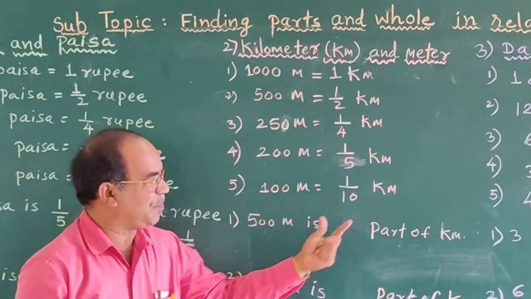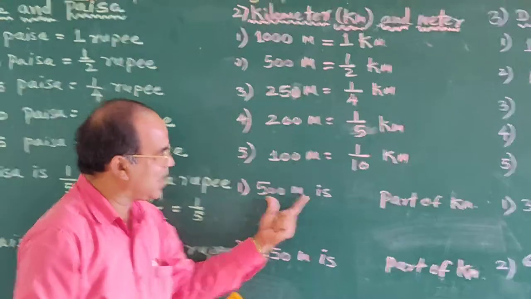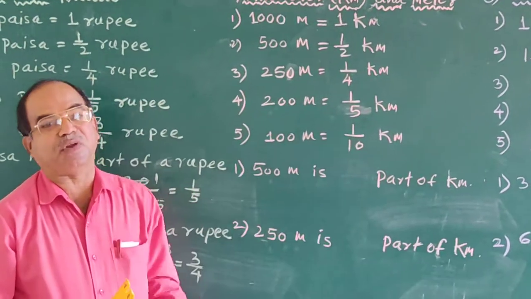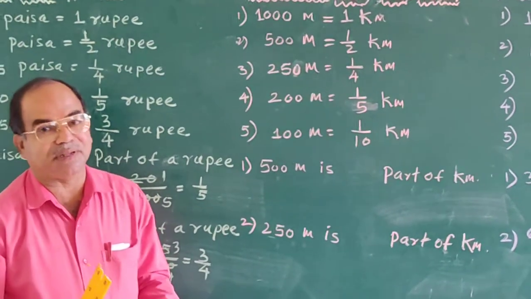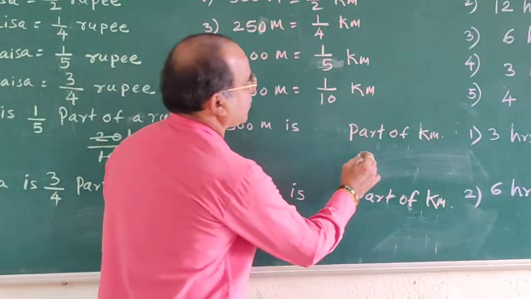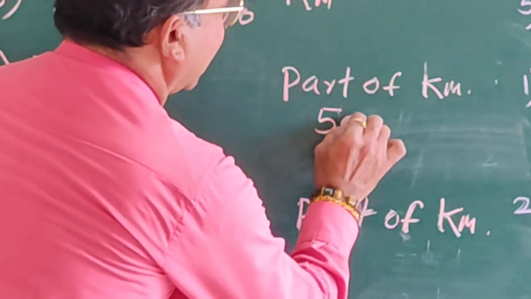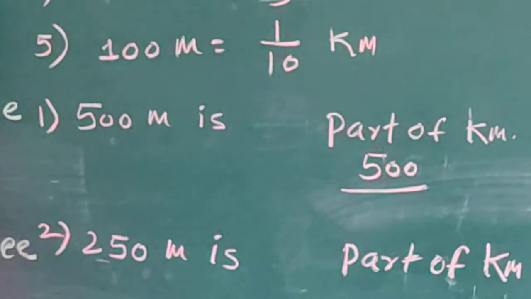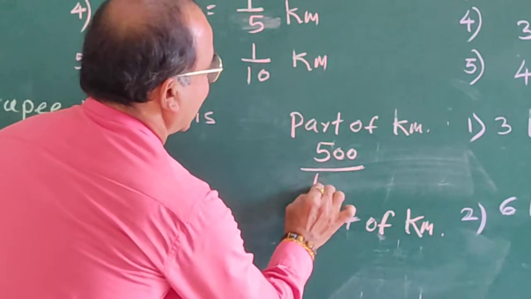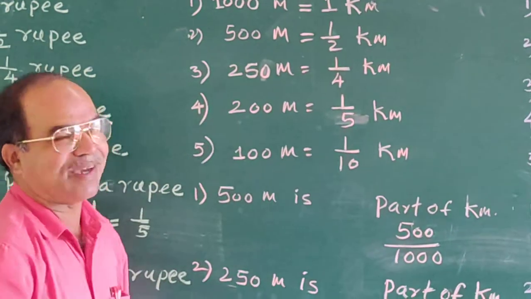Okay. Then we'll find out 500 meter is equal to dash part of kilometer. What is the part? So here 500 divided by what? Yes, it is 1000, because 1 kilometer is equal to 1000 meter.